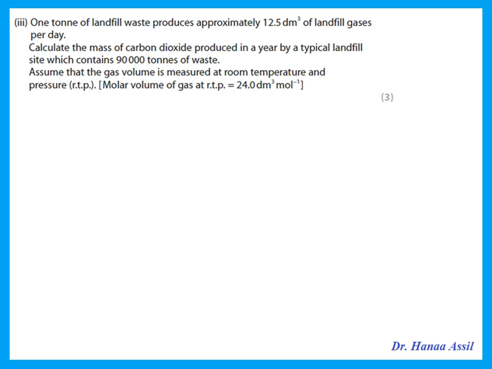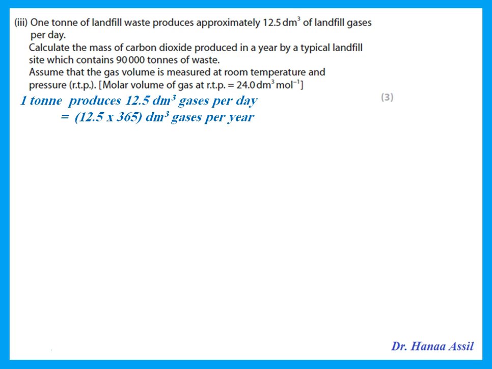1 ton of landfill waste produces approximately 12.5 decimeter cubed of gases per day. Calculate the mass of carbon dioxide produced in a year by a typical landfill site that contains 90,000 tons of waste. Okay, so what are we doing?